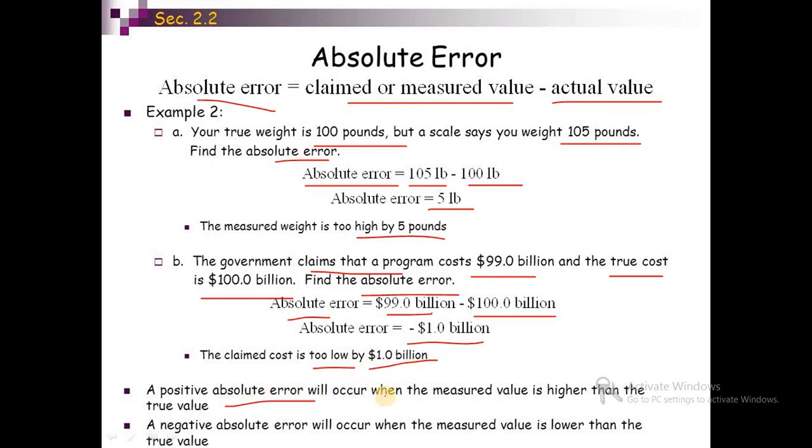A positive absolute error occurs when the measured value is higher than the true value, and a negative one occurs when the measured value is lower than the true value. Overall, absolute error means the difference between the measured value and the actual or true value.